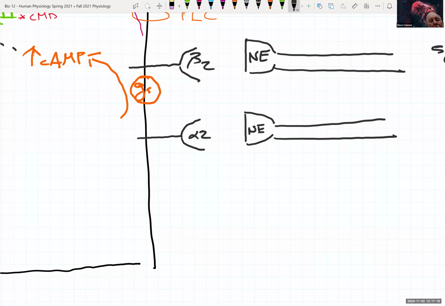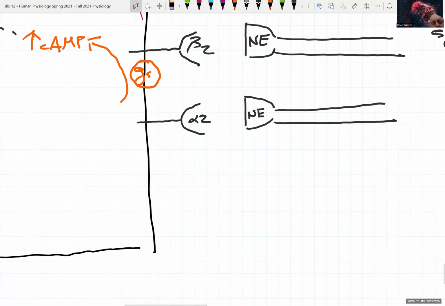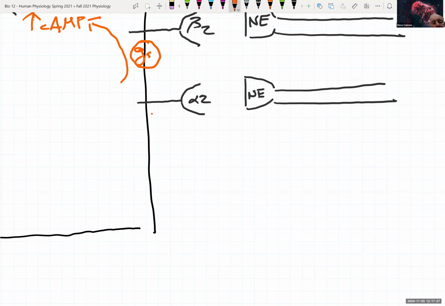And here you would say that the alpha 2 adrenergic receptor would act on an inhibitory G protein.